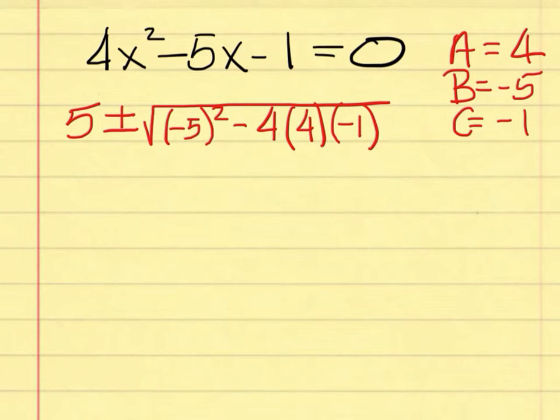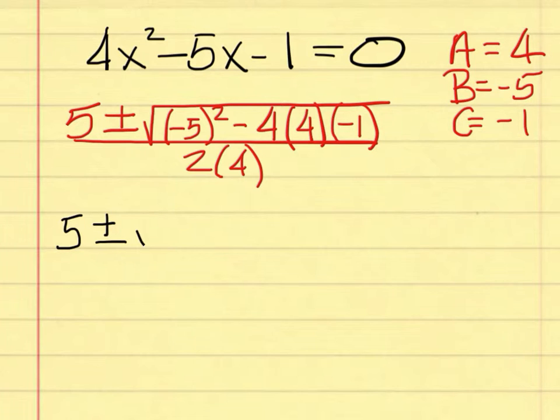That's right. And what comes after that? Holiday. Divided by 2 times 4. That's right, divided by 2 times 4. Okay, so I'm going to go down to the next line and do 5 plus or minus. And what's the next thing that I write after this point? Salyers.